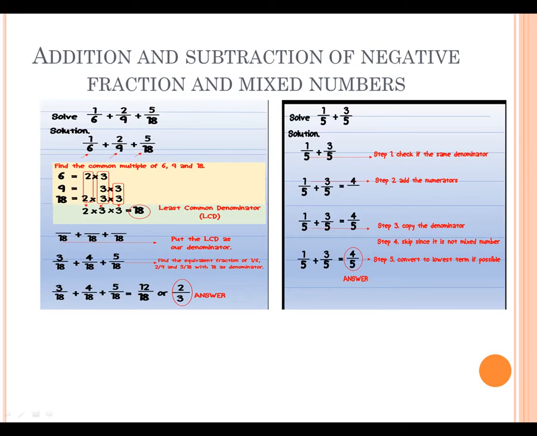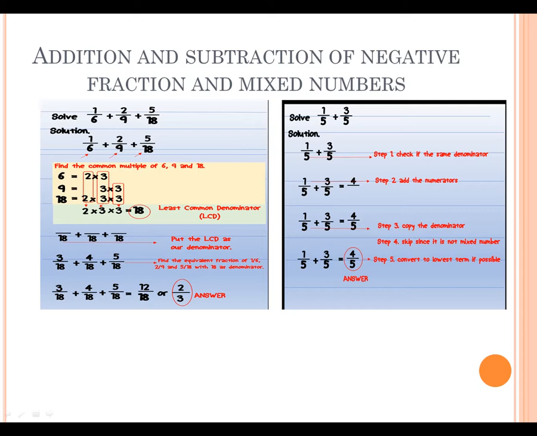There are the examples for the addition and subtraction of negative fractions and mixed numbers. If we have fractions, positive or negative, we can easily solve them. Here is an example: 1/6 plus 2/9 plus 5/18. First of all, we have two methods: we can make the denominators the same, or we can take the LCM.